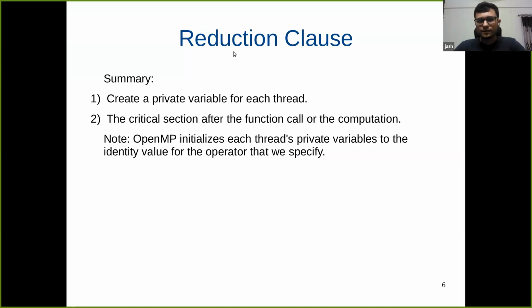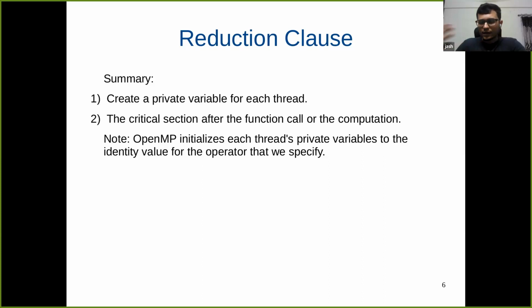So in summary, what OpenMP does is that it creates a private variable for each thread, which is a thread private variable. It does the computation in parallel, and the critical section follows that computation.